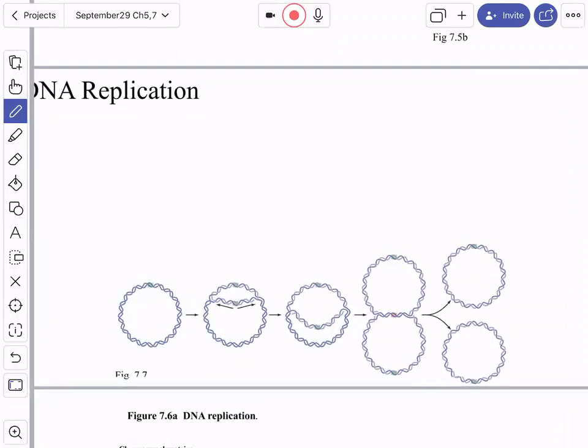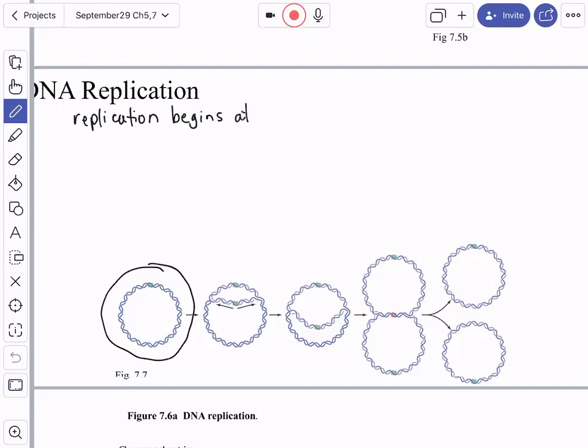All right, so where does DNA replication begin? Remember, let's say we've got our chromosome, our circular structure of DNA that needs to get replicated. Okay, replication begins at a very specific spot on that chromosome.